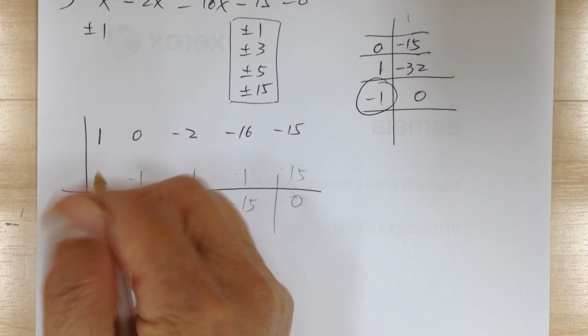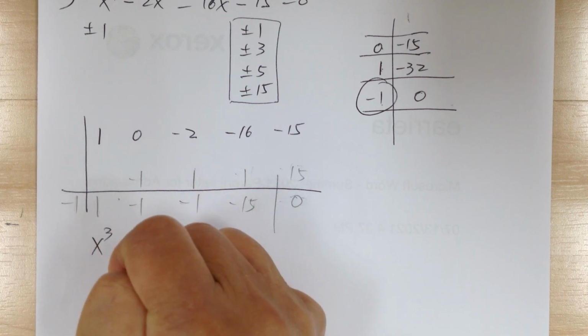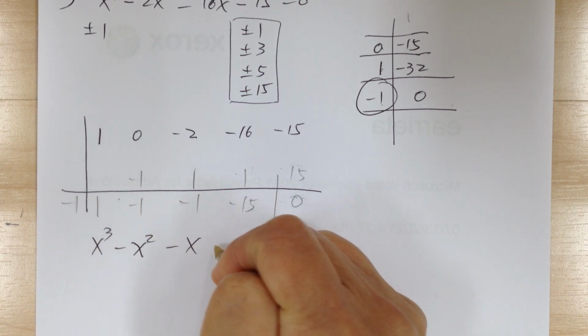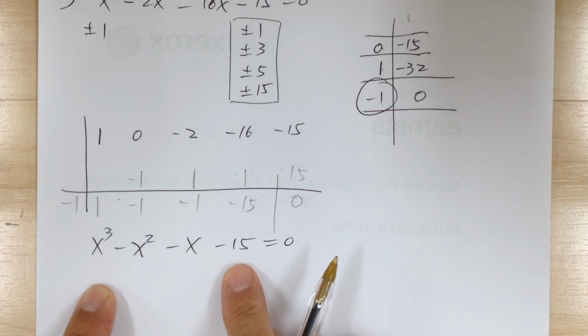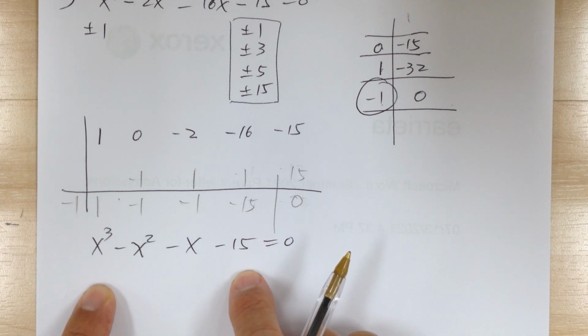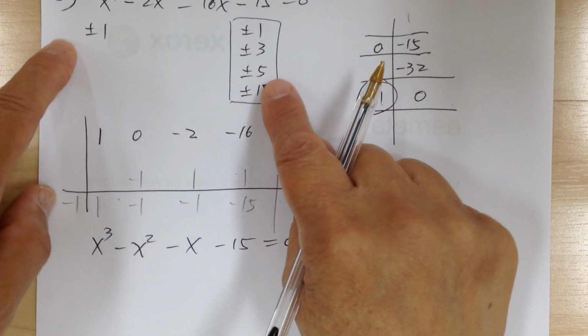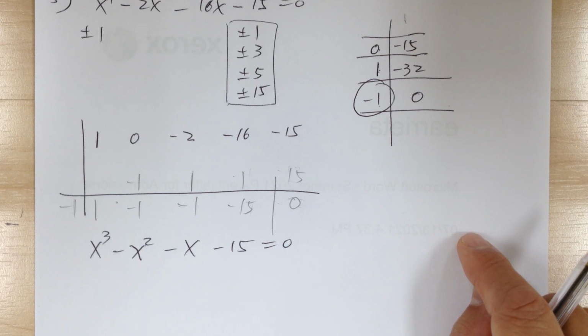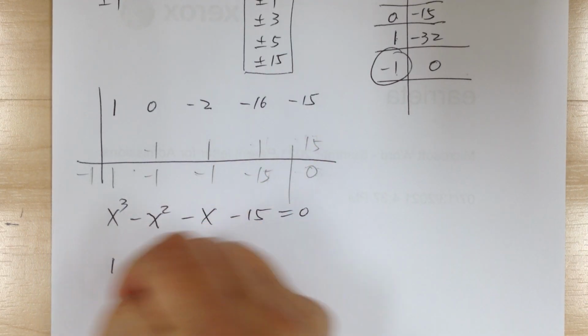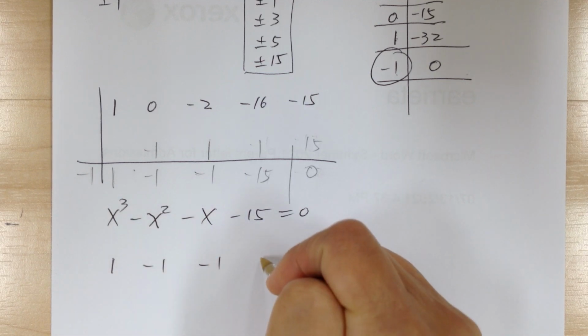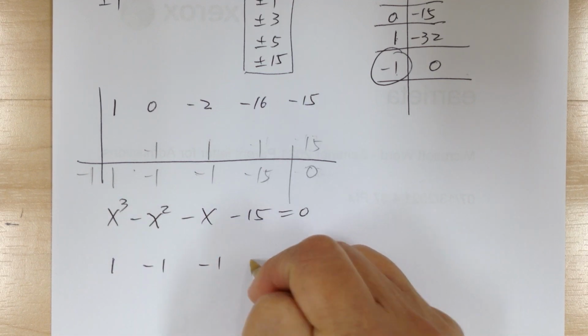So now you're going to get x cubed minus x squared minus x minus 15 equal to 0. Normally this would become a little bit easier, but in this case it doesn't help you because you're still going to have the same list. So we need to keep going. So I get 1, negative 1, negative 1, and negative 15.